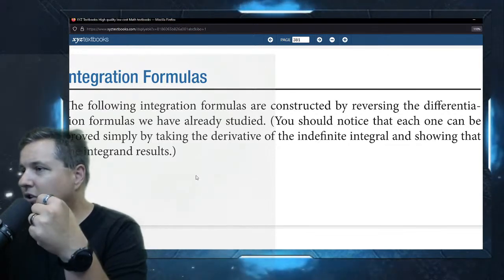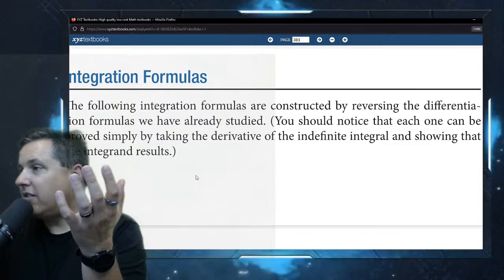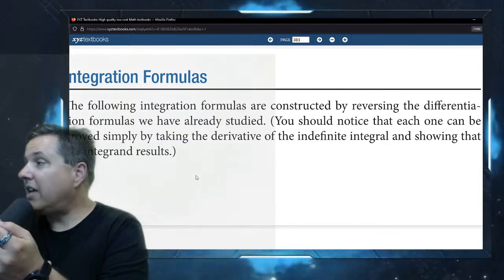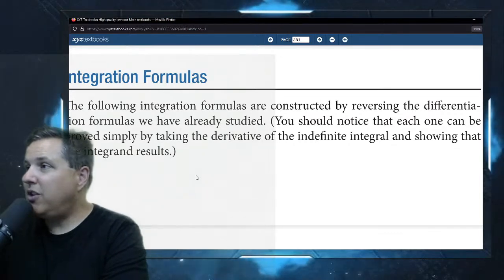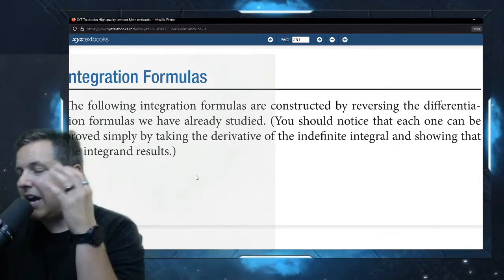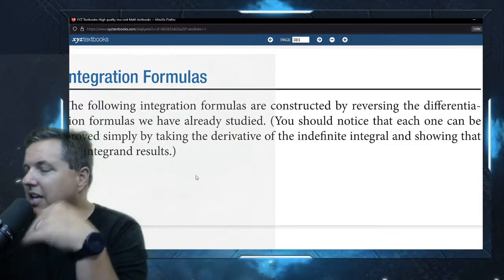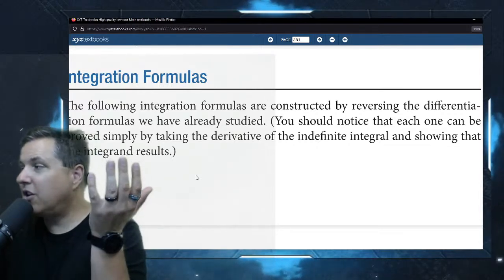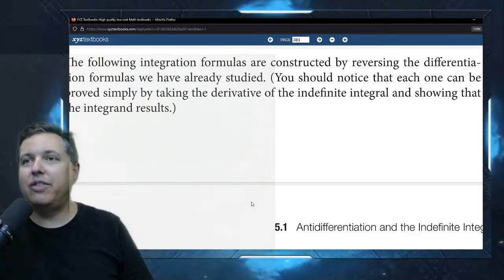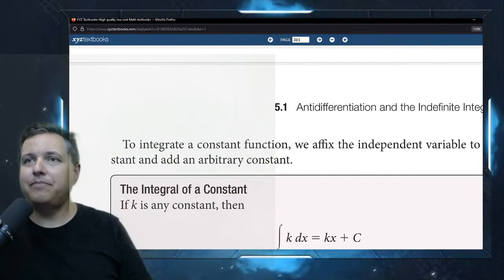And if you get what you started with, then you did it right. A lot of people don't use that, but it's nice on a test when you're answering some question and you're like, I don't know if I did this right. Take the derivative. Does it match what you started with? Yeah, then you should be good to go, right? So it's worth a couple of seconds to do that.